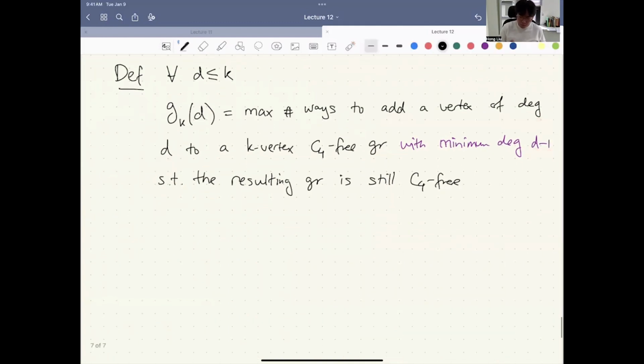So here, how do we achieve this purple part? That's the part I haven't mentioned. This is easy. We can fix an ordering for any graph.